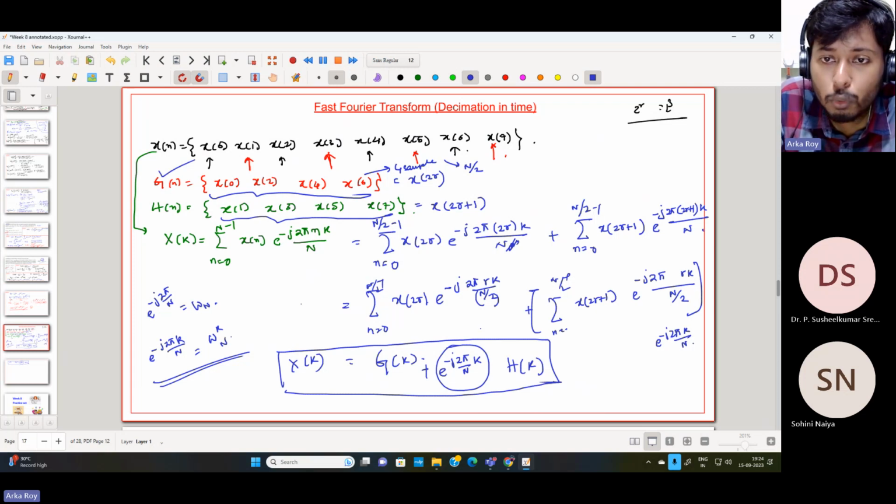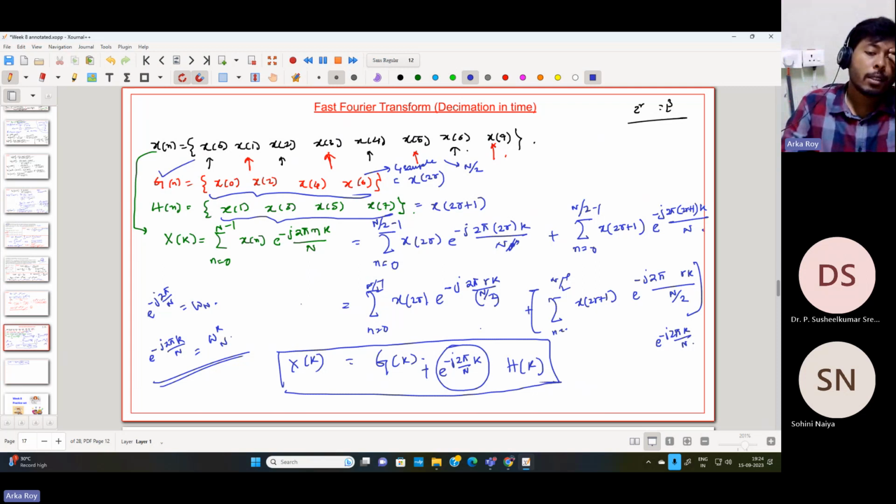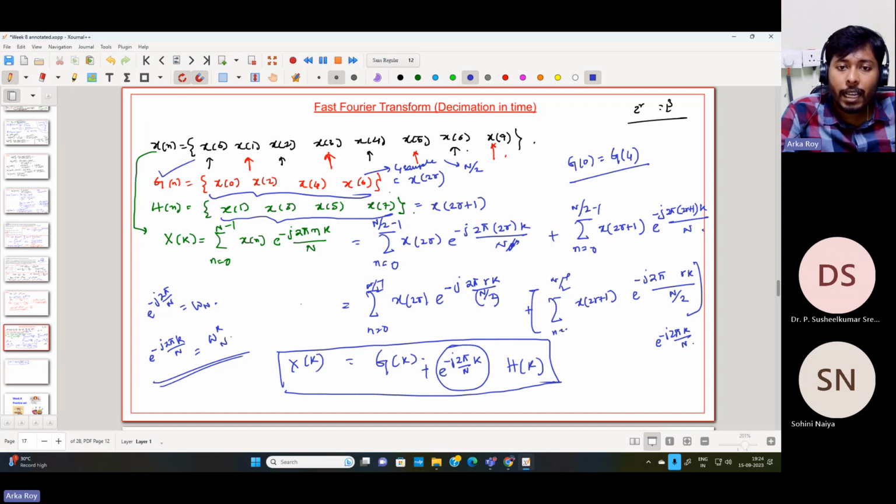Because it's an n by 2 point DFT, we know that the DFT has a periodic property. So G0 will be equal to G4, because this is an n by 2 point DFT, and effectively here it's a 4 point DFT, so I don't have to compute G4 again.